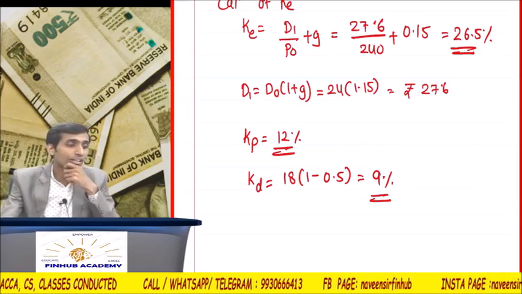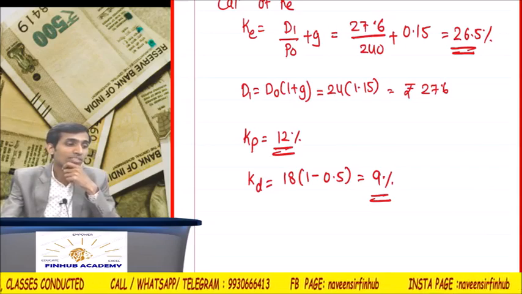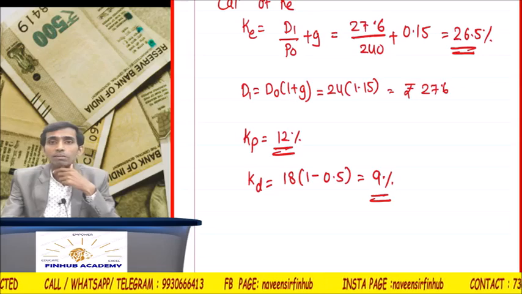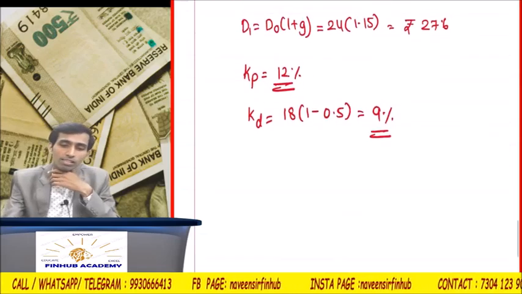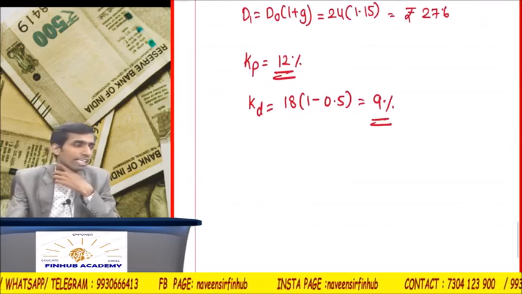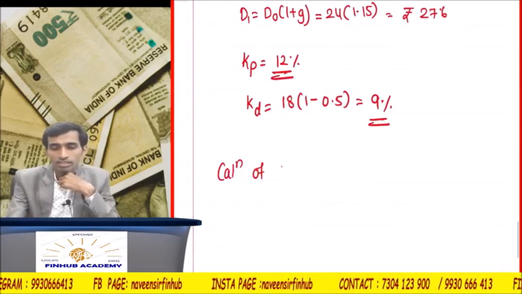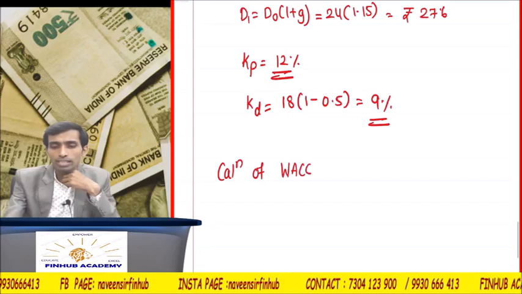They are asking us to calculate the weighted average cost of capital on the basis of book value and on the basis of market value. So calculation of WACC based on book value.